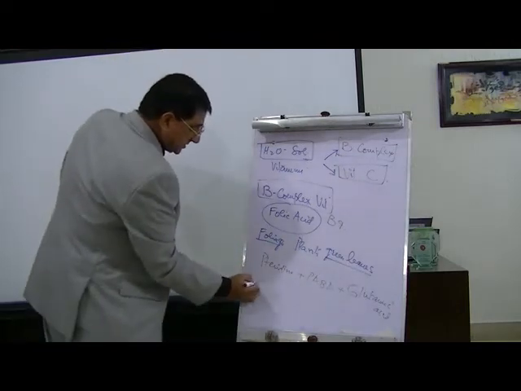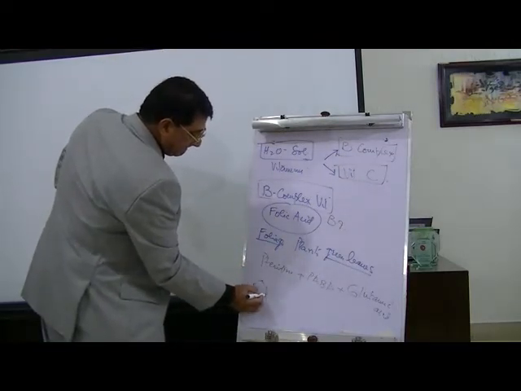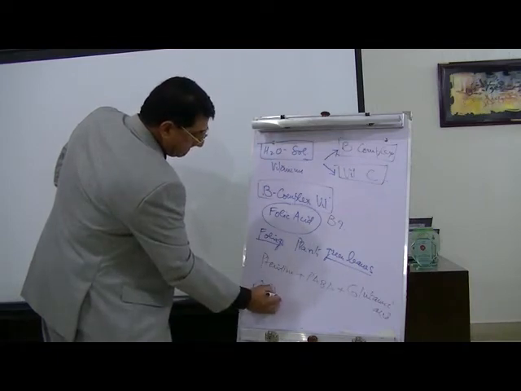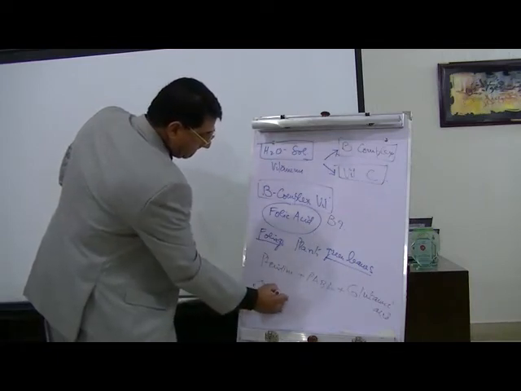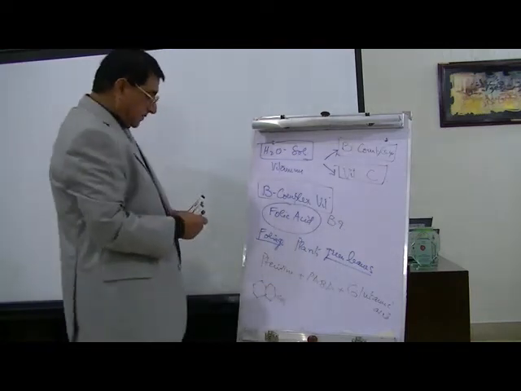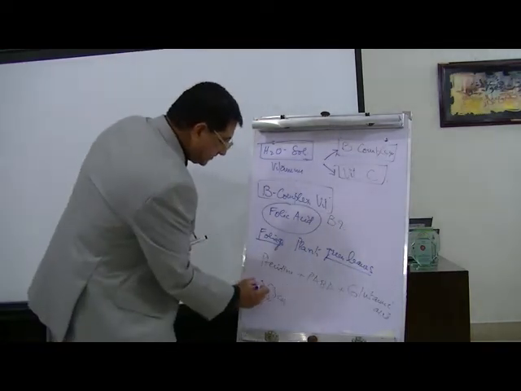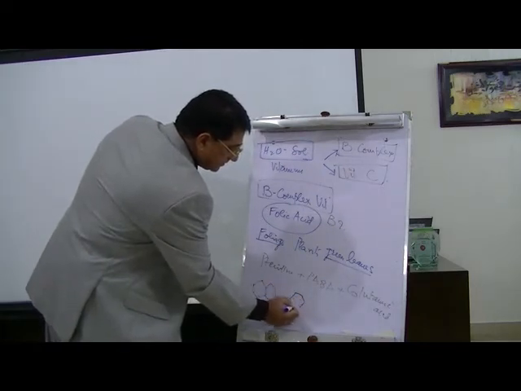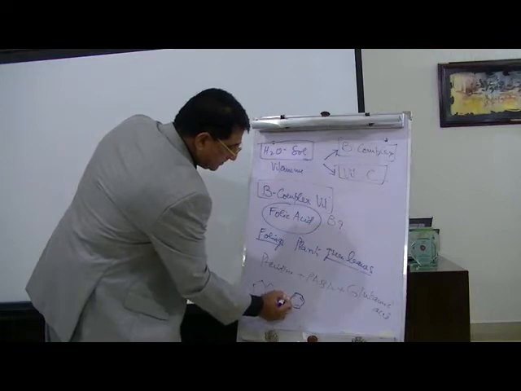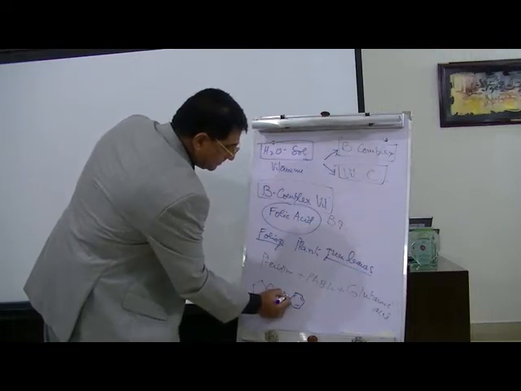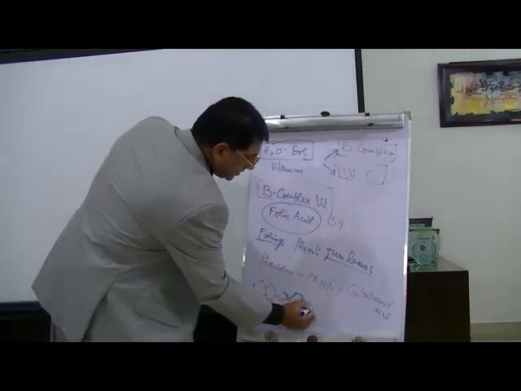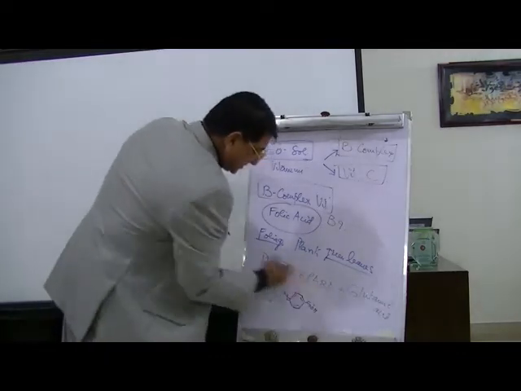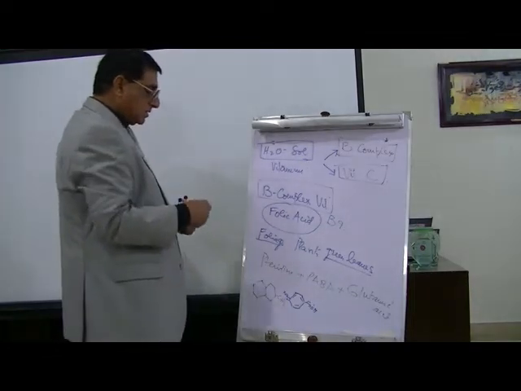So this is pyridine, then you've got para-aminobenzoic acid, and then glutamic acid, third one.